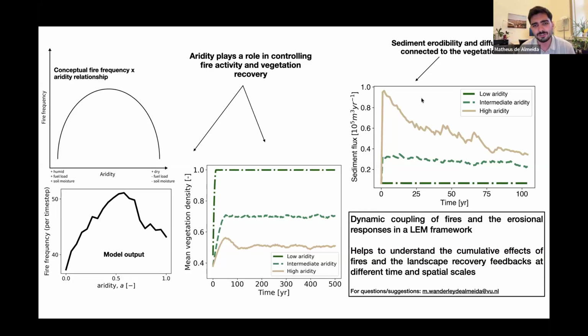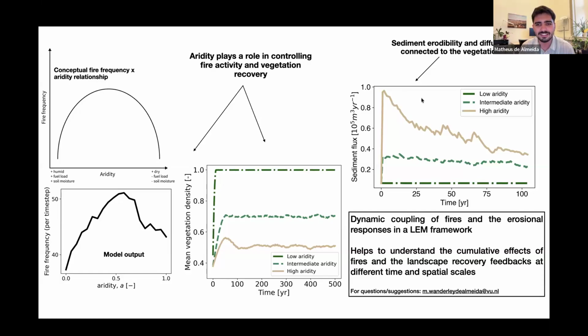Aridity also controls the vegetation recovery rates after the fire, and then we have different vegetation patterns, as you saw in the first slides. And the nice thing is that in Landlab, we can couple that with the erosion component. If you look at the sediment fluxes out of one catchment in this grid, you can see the difference in sediment fluxes due to the fire activity.